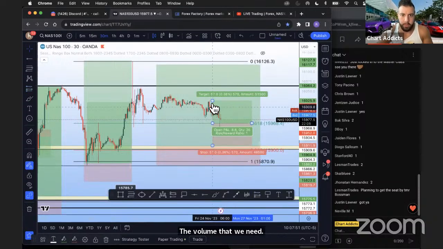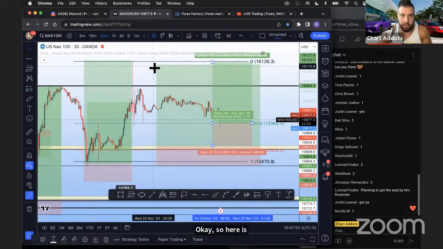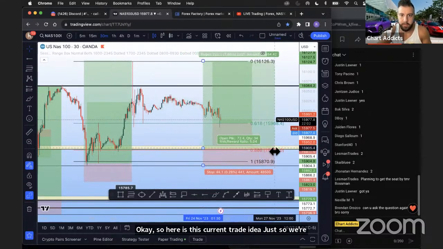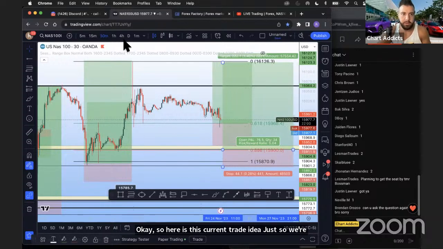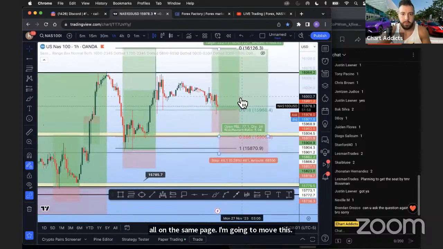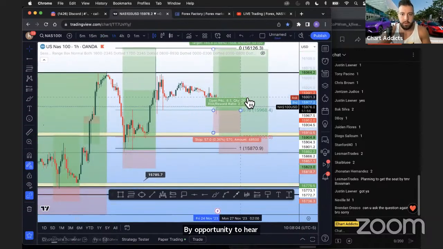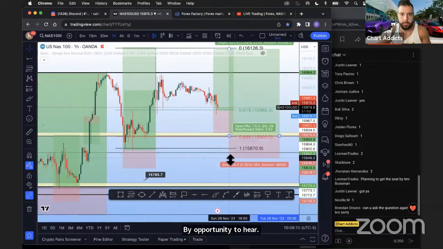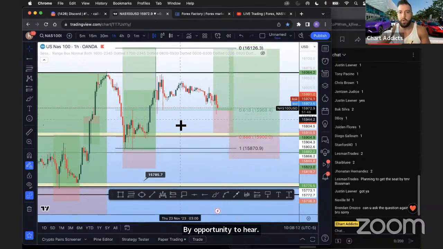Okay, so here is this current trade idea, just so we're all on the same page. I'm going to move this buy opportunity to here. This is damn near a 4-to-1 trade.